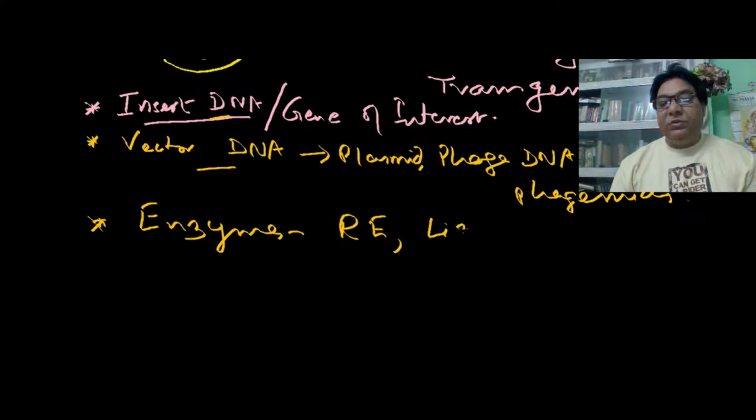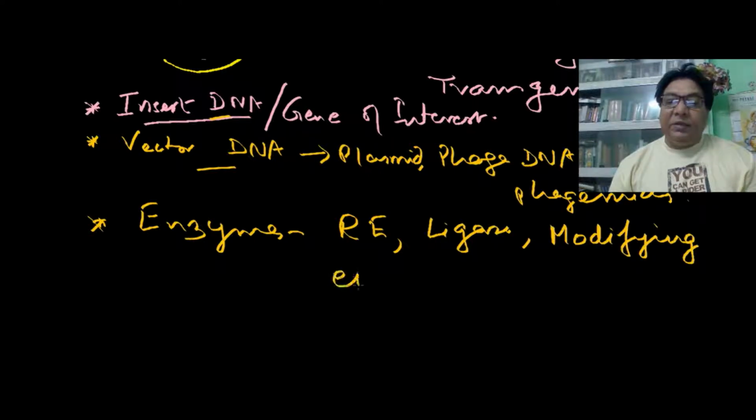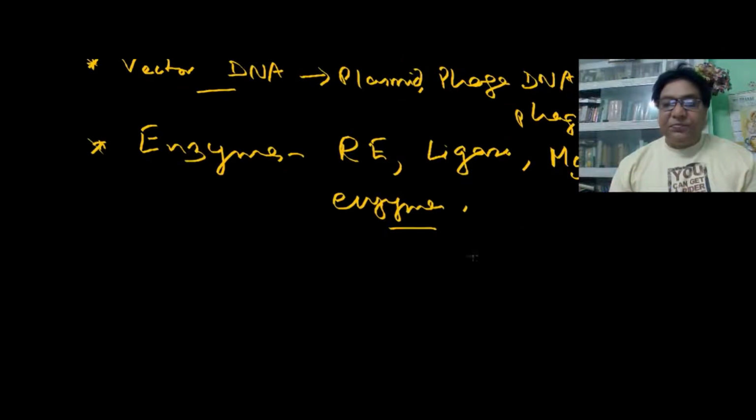Then you need to have ligases with which you ligate the two DNA elements, and then you need different types of modifying enzymes that might involve DNA polymerase, RNA polymerase, Klenow fragments, and then polynucleotide kinase, alkaline phosphatase. Many different types of modifying enzymes are required for genetic engineering purposes. That will be discussed in some other class.